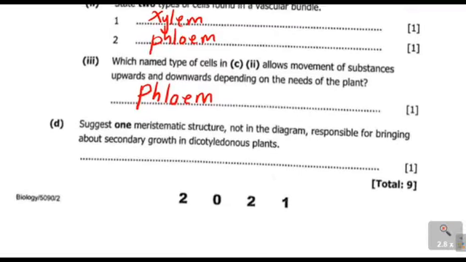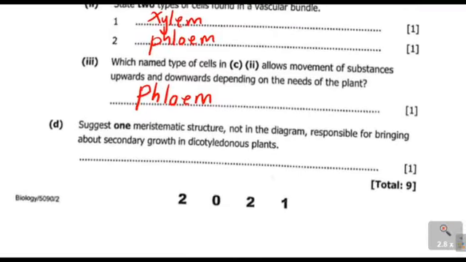So we now come to our last question, which is question D right here. I'm sure you are able to see it. The question reads, suggest one meristematic structure not in the diagram responsible for bringing about secondary growth in dicotyledonous plants. We understand that secondary growth is brought about by the cambium. The apical meristems are the ones that carry out primary growth.